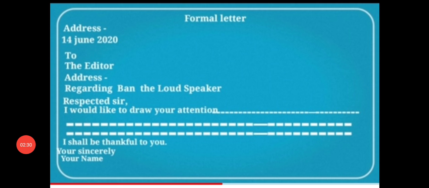Okay students, this is the format of a formal letter. First of all, what you have to keep in mind? You have to write down the address of the writer with the date. First address, then date. You can see over here how the date is to be written. Then, to whom are you writing? Here is an example about banning the loudspeaker, with the writer writing a letter to the editor.